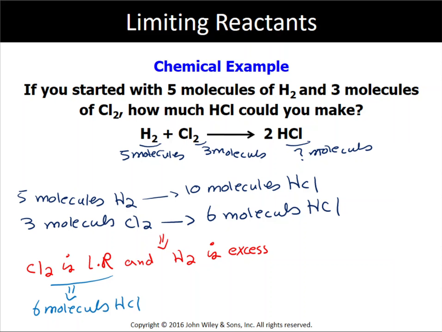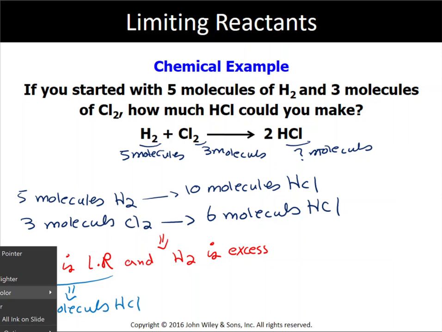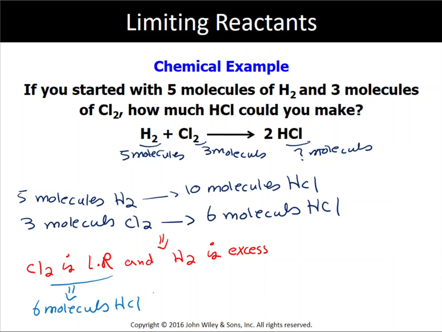So this 6 molecules of hydrochloric acid, we can call it different things. I can call this the expected amount, or I can call this the maximum amount. These are the different ways that we can word this.